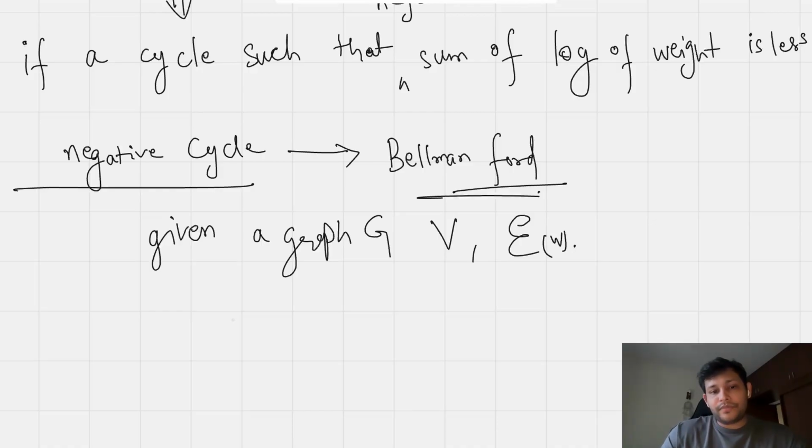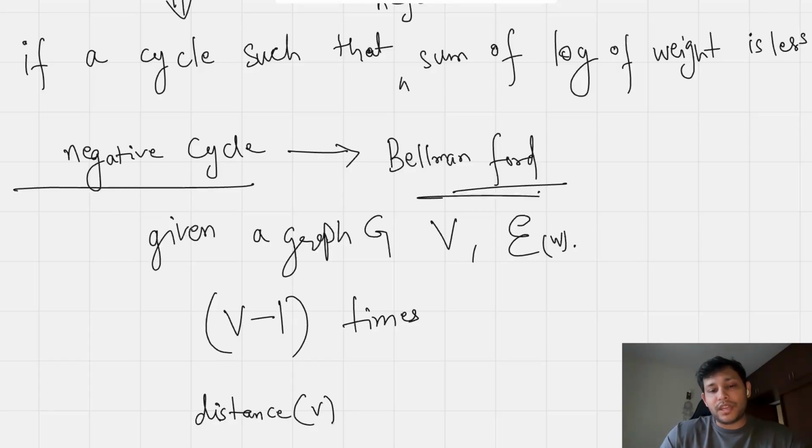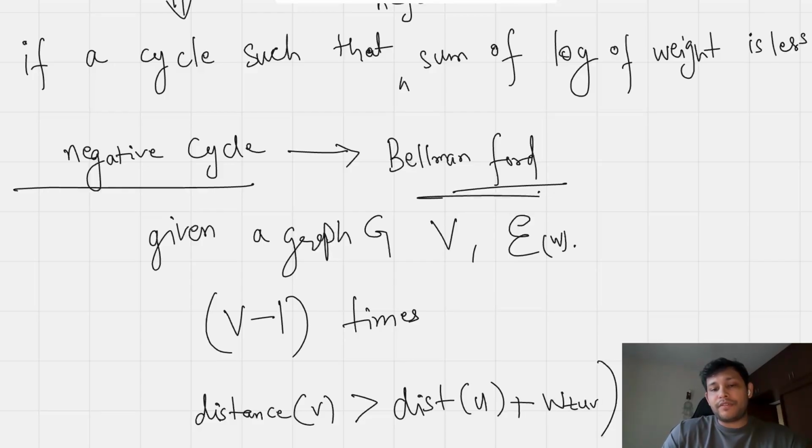If you run the algorithm V minus 1 times, and if you are able to find or relax this condition, that the distance of V is greater than distance of U plus the weight of the edge UV, then we can continue to relax the edges.